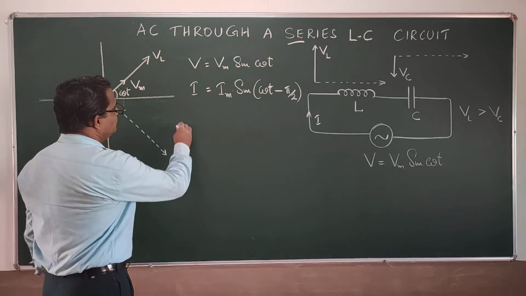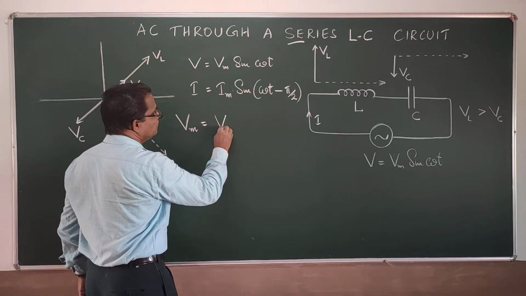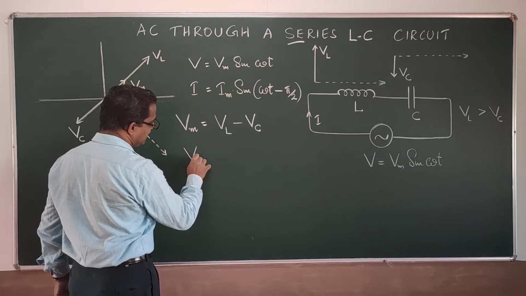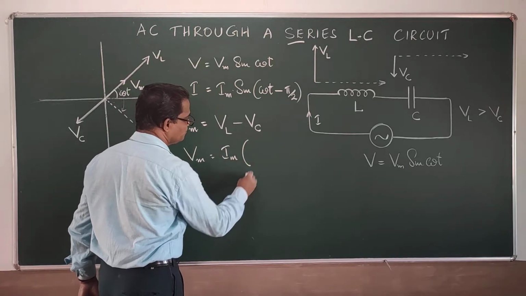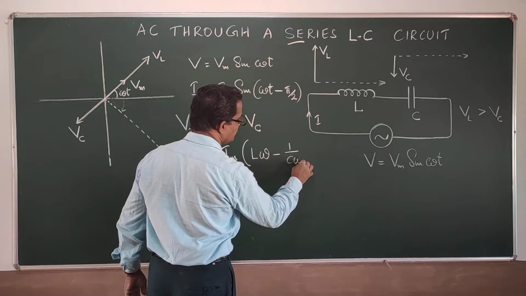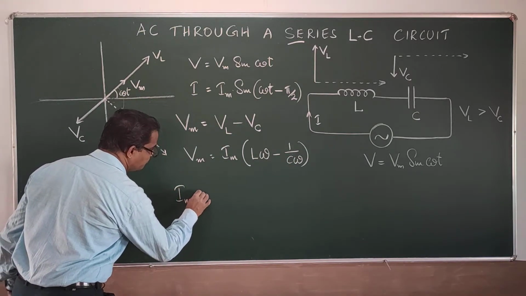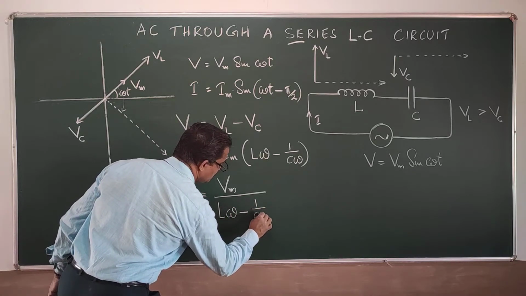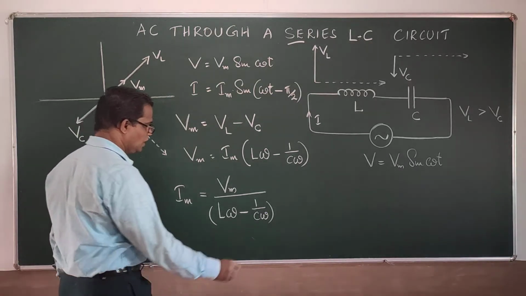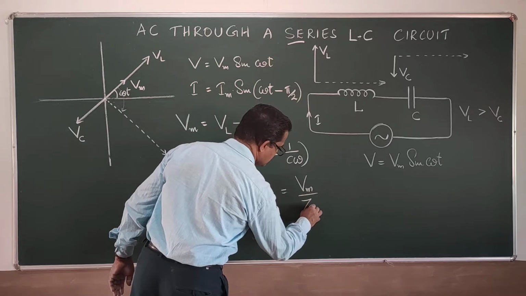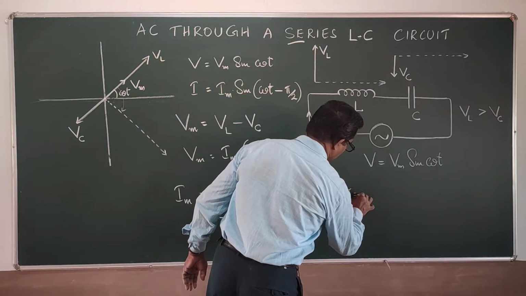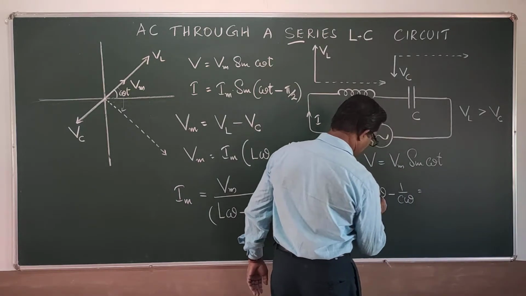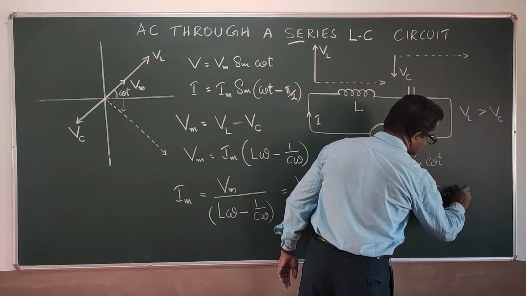Then Vm is equal to VL minus VC from this, so that Vm is equal to Im into (L omega minus 1 by C omega), so that Im will be equal to Vm divided by (L omega minus 1 by C omega), which is equal to Vm divided by Z. Here Z will be equal to L omega minus 1 by C omega, that is, the difference between the reactances is taken as the impedance here.